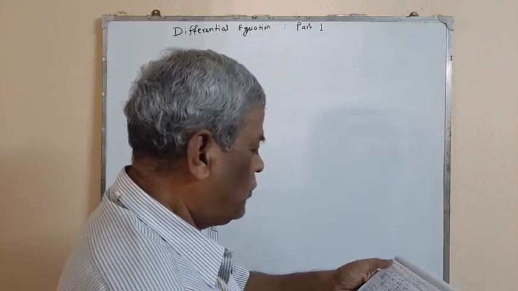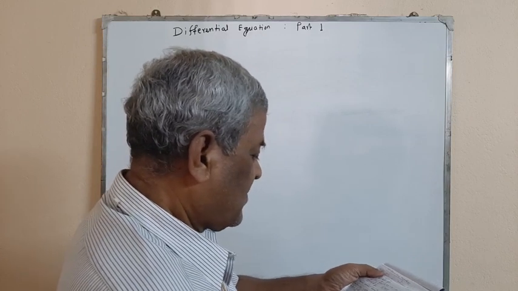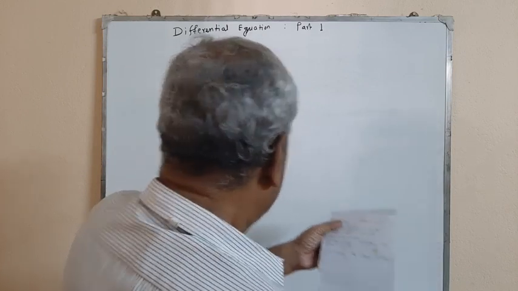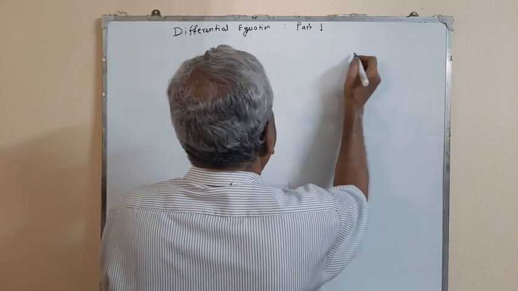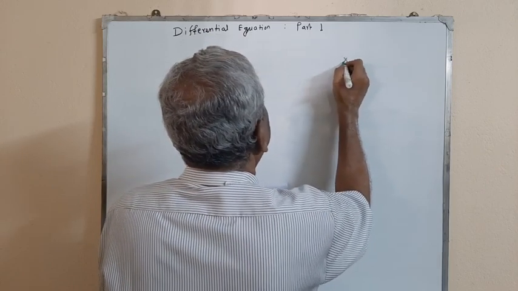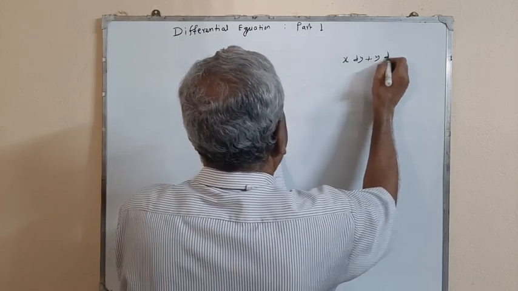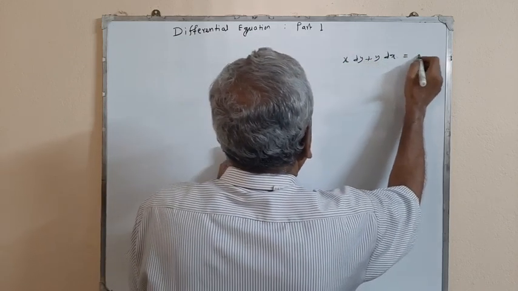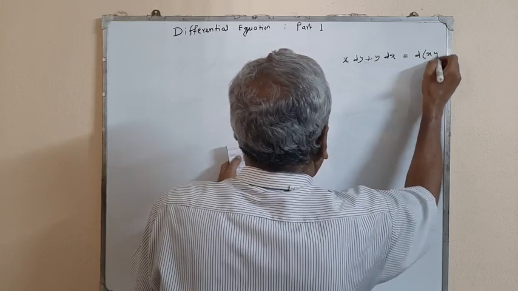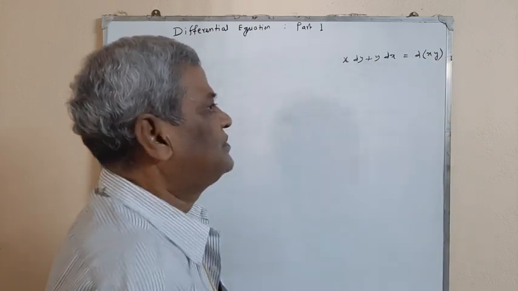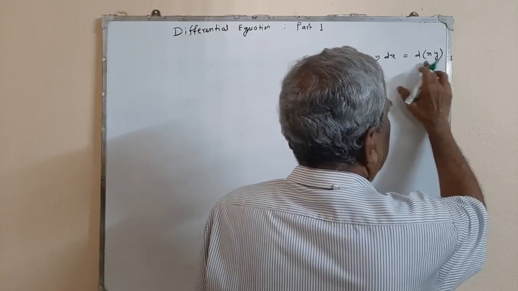Some useful formulas. Number 1, x dy plus y dx is equal to d of xy. It is very simple.